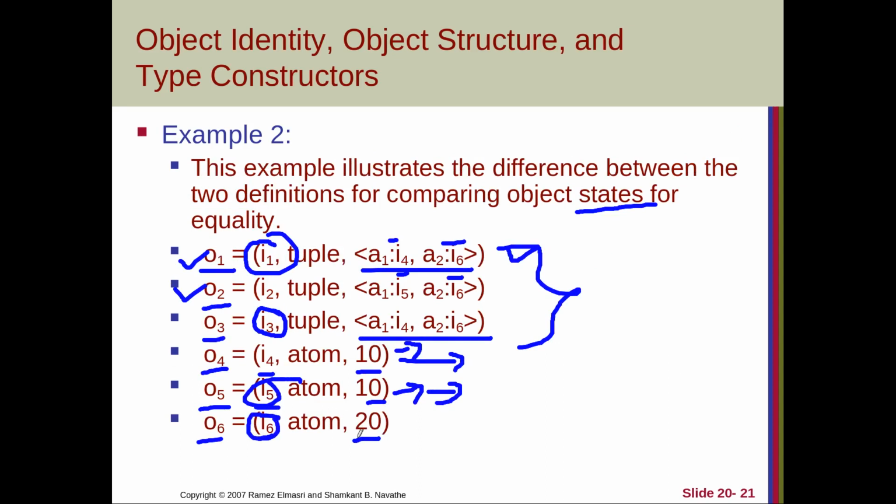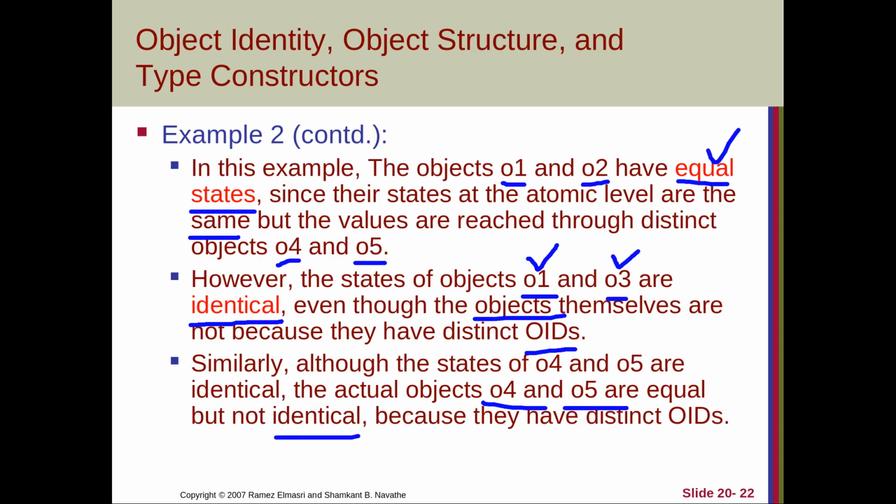So just have a comparison between these: equal states, identical states, and non-identical objects. It is simply based on the object ID, the values associated with the tuple, the similarity of data or value, and the identical tuple that they are using for both objects.